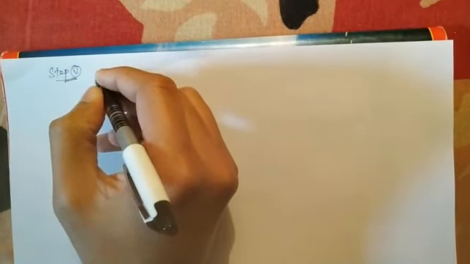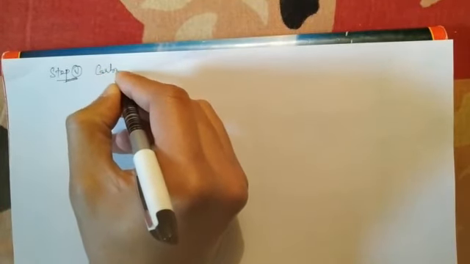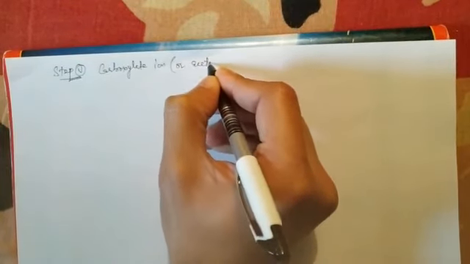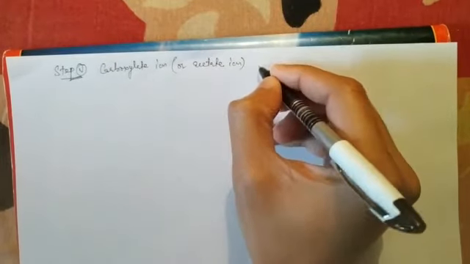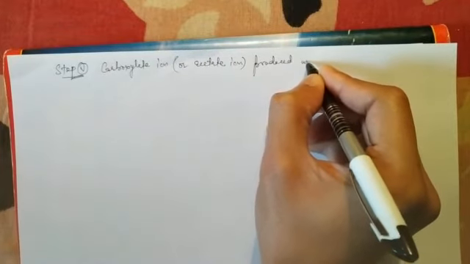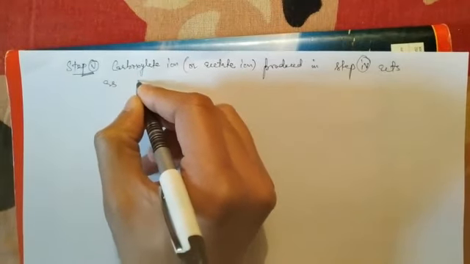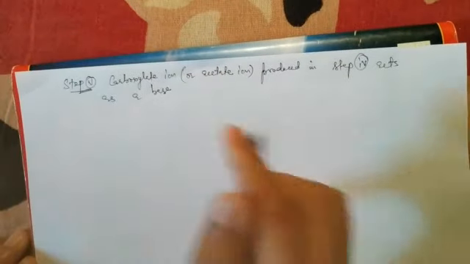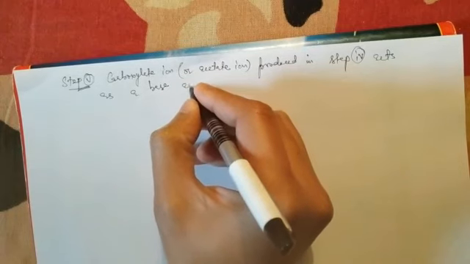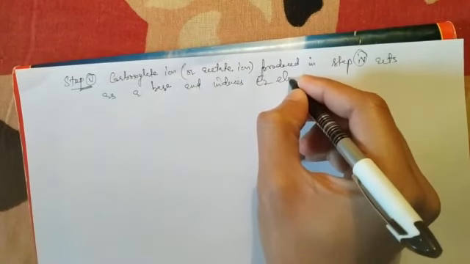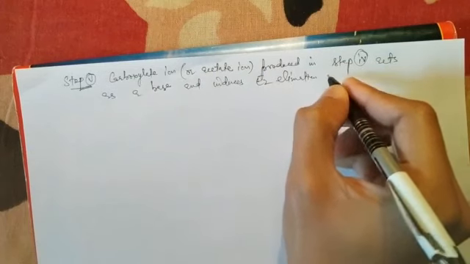So in step 5, the carboxylate ion, or acetate ion, produced in step 4 acts as a base and induces E2 elimination, or simply an E2 reaction.